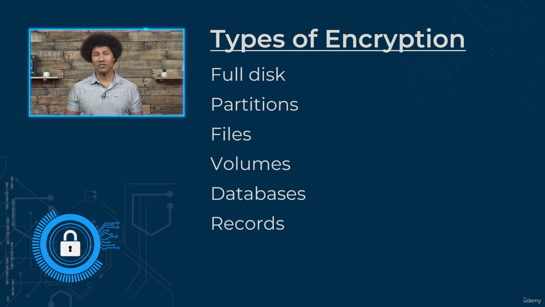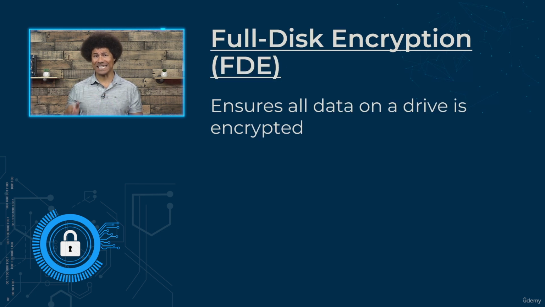First off, let's look at what we call FDE, full disk encryption. FDE ensures that all data on a hard drive, including both files and the operating system, is encrypted. If someone were to physically remove and access the hard drive, they wouldn't be able to read its contents without the right decryption key.